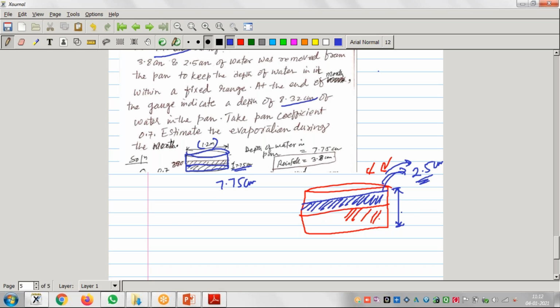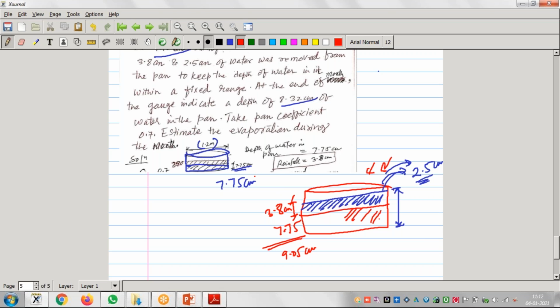So here, if you see, initially this depth was 7.75 centimeter, then after the rainfall of 3.8 centimeter, how much will be the total? 9.05 centimeter, right? They also removed 2.5 centimeter of water from that pan.